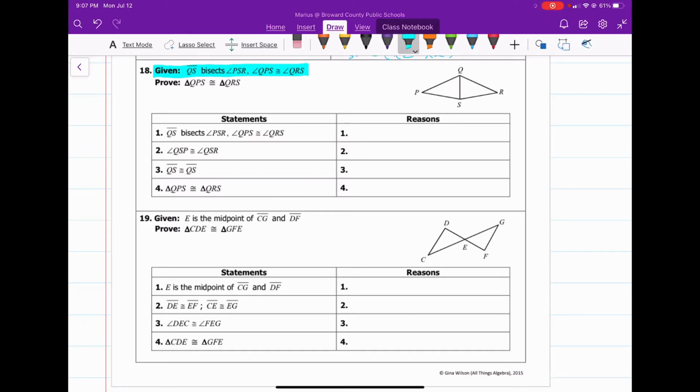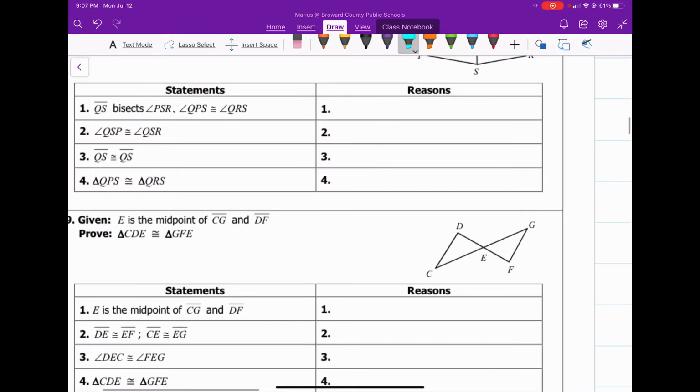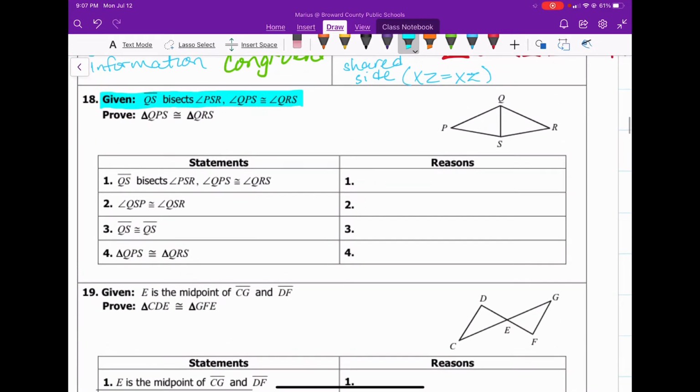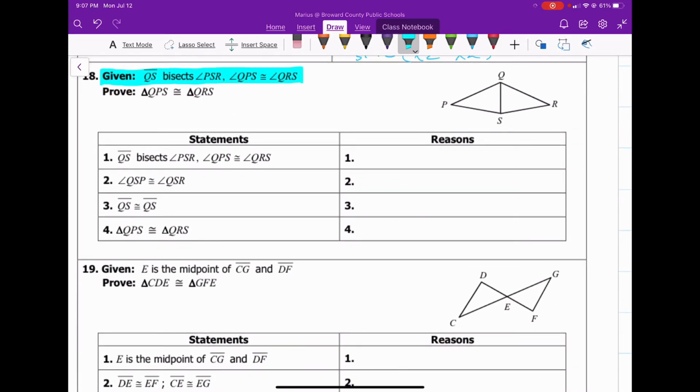All right, so when we're filling in, we have our diagram here. We're going to need to label our diagram properly based on the given information. So first, it says that segment QS bisects angle PSR. The first thing we need to do is start with the bisecting part.